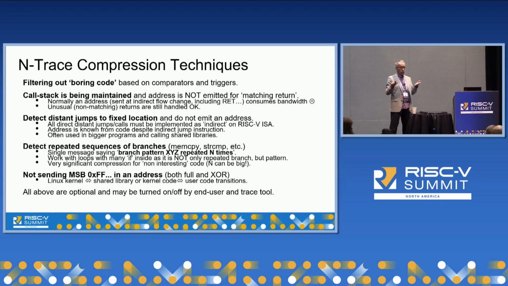If the return is improper, so the address doesn't match, you just drop an address, and the decoder should continue from there. But if you don't drop an address, consider the return as a normal instruction, just count it, count it, count it. So that's what somebody said before, right? You may have, in a different meeting, if you have only calls, only returns, it's really only counts. You just count them, and that's it.